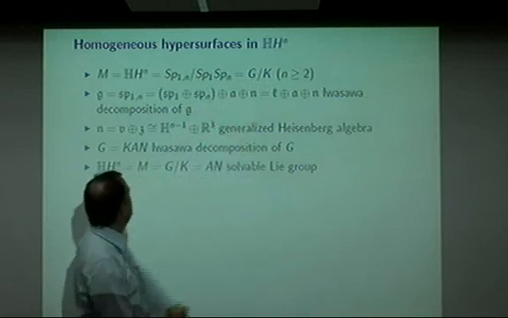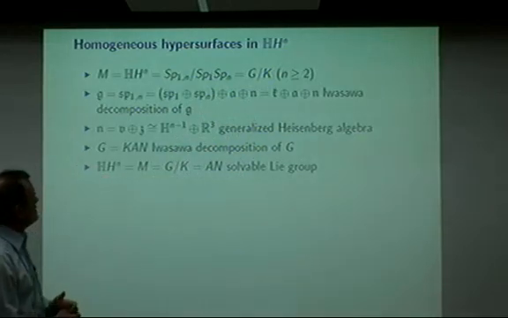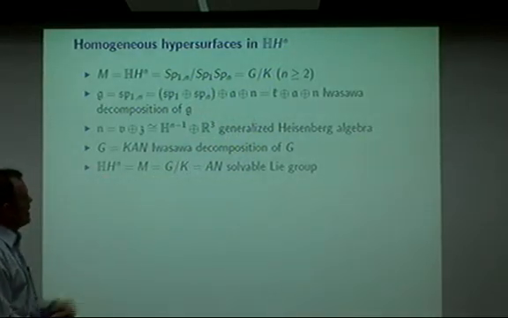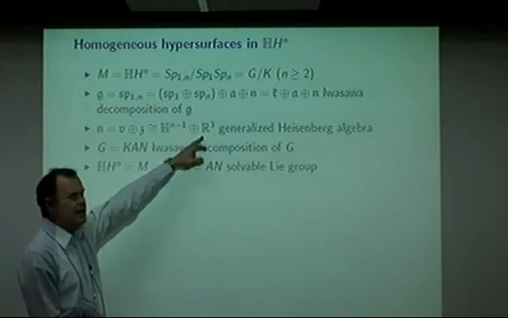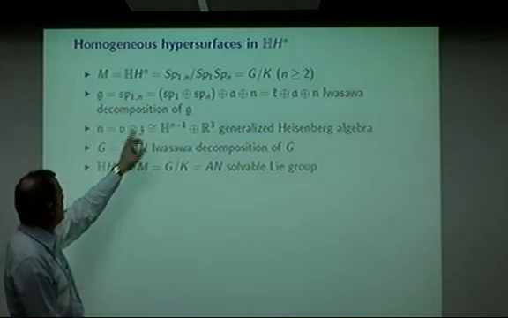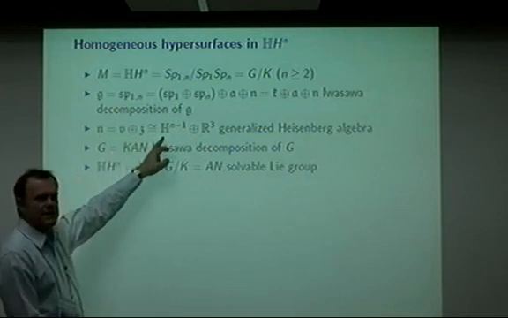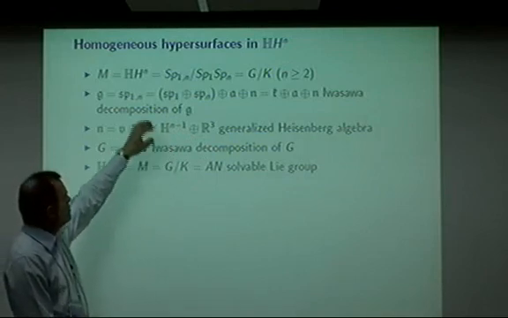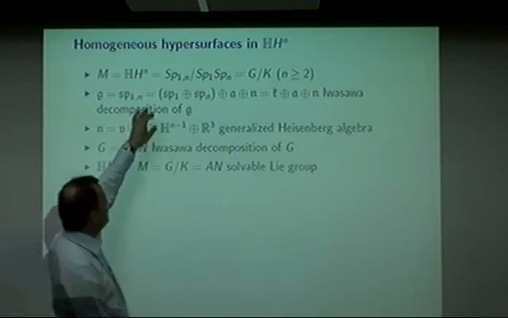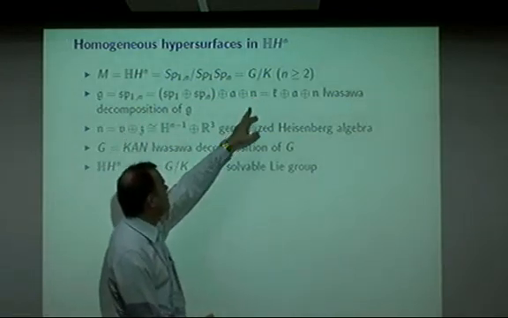N is a nilpotent subalgebra, which in this situation is a generalized Heisenberg algebra with a three-dimensional center, and the orthogonal complement V of the three-dimensional center is a quaternionic vector space of dimension n-1. So this is the algebraic structure of the nilpotent algebra arising in the Iwasawa decomposition.